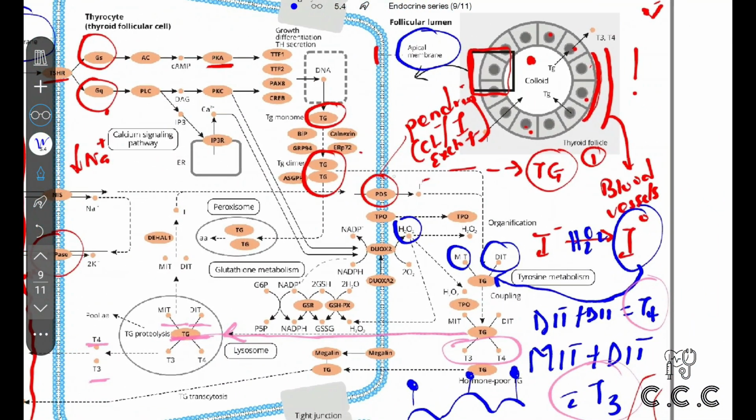Perfect. So if you can see, when we considered the iodide, we said iodide was inside the follicular cell here, right? So iodide came in, and then it moved through PDS, or we called it the pendrin, also called the chloride-iodide exchanger, and it was being pumped out into the colloid at the follicular lumen.